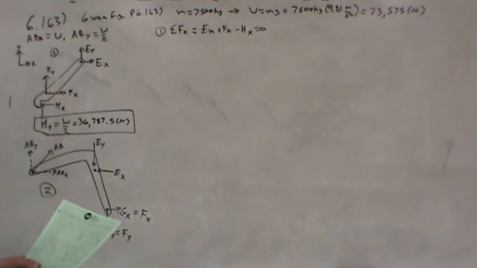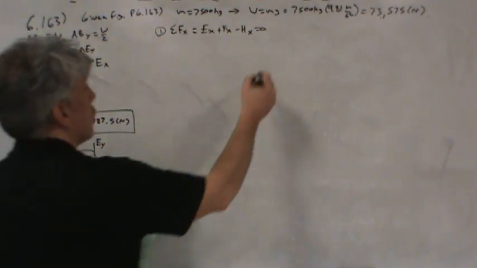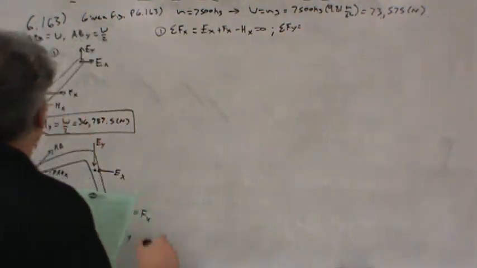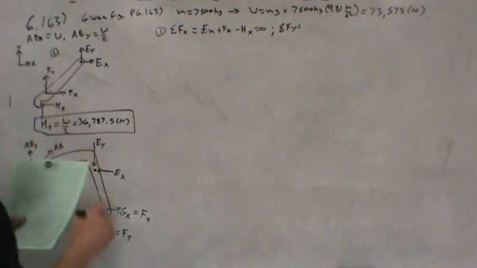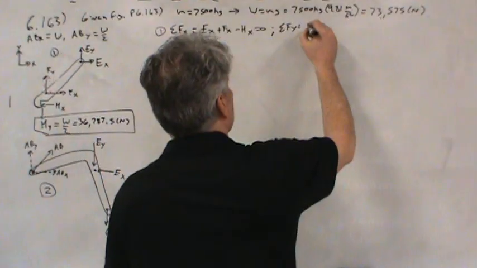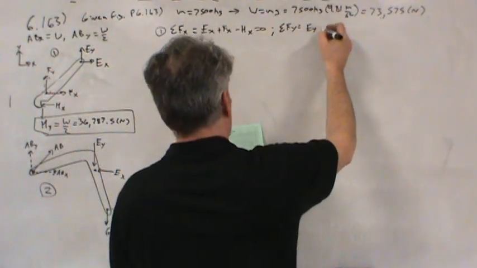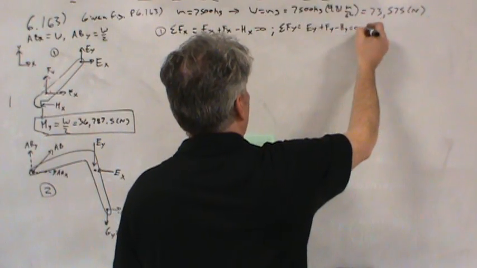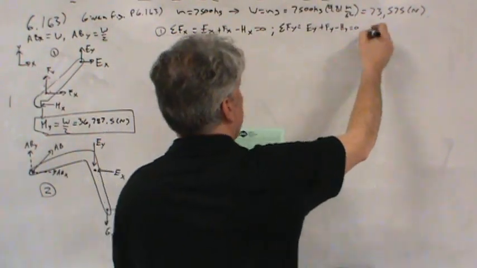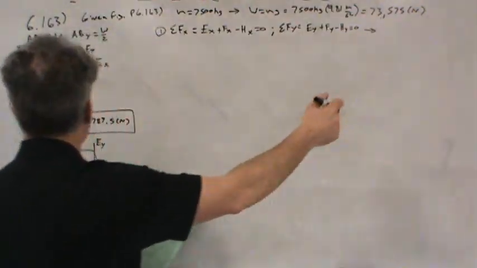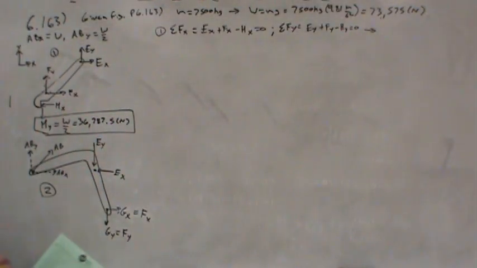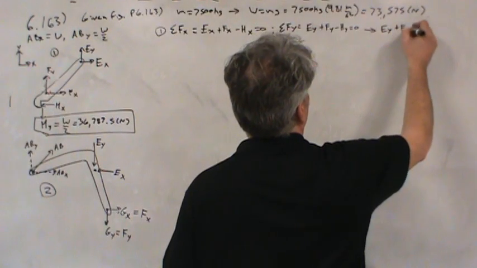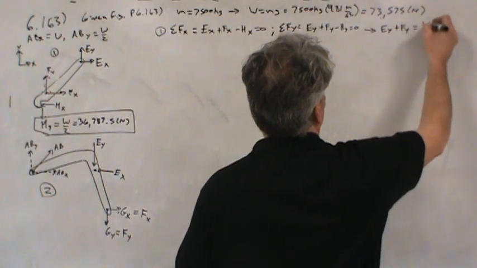If we sum forces in the y direction, what do we have? Ey, Fy, and Hy down. So Ey plus Fy minus Hy equals 0. But we know Hy already. As a matter of fact, if we put Hy on the right-hand side, it's just W over 2. So we'll write Ey plus Fy equals W over 2.